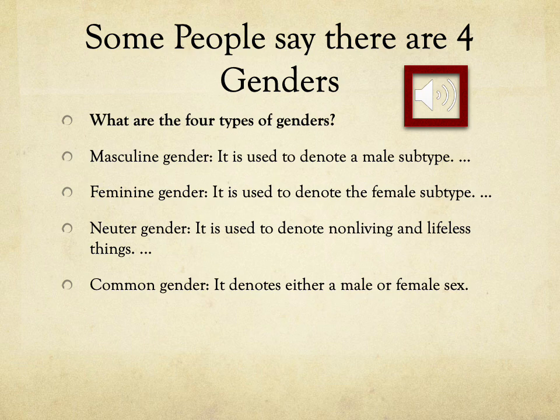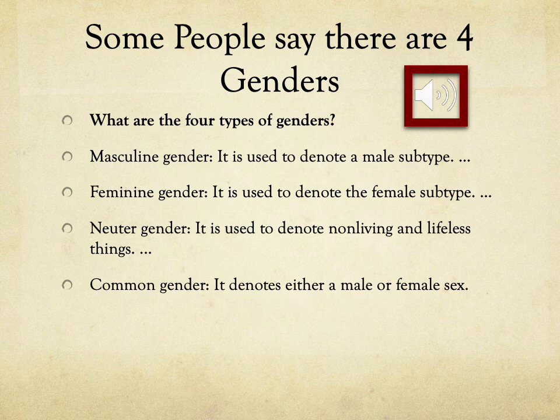Oh, more complicated. Some people say there are 4 genders. I struggle with this, but I put it up here because there's a lot of people who say this, and if you Google gender, you're going to run into this. They say there's 4 types of genders: masculine gender, the feminine gender, the neuter, or I like neuter better than neuter. Neuter sounds like something terrible I did to my boy dog, right?